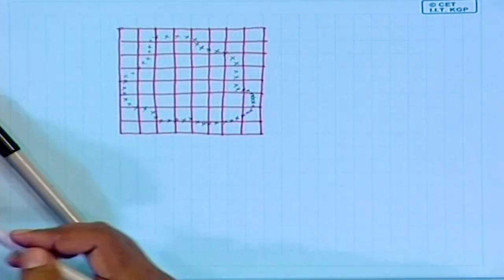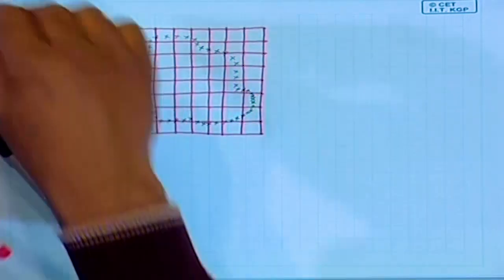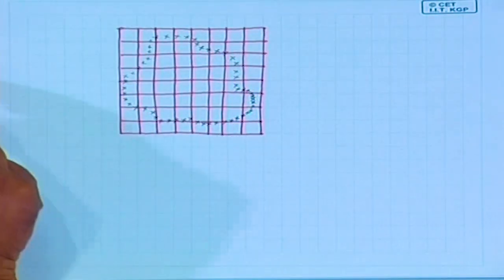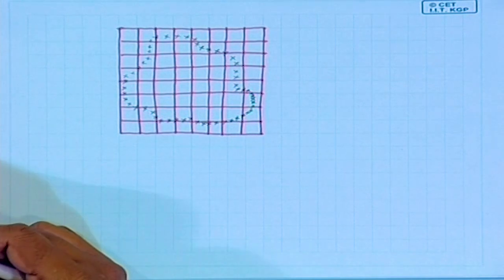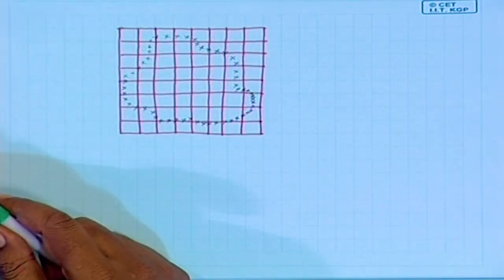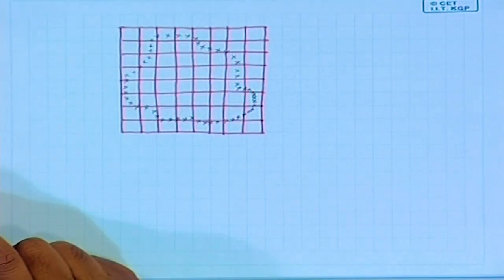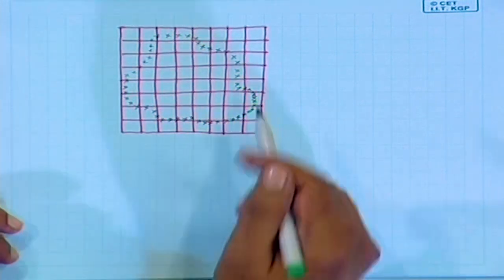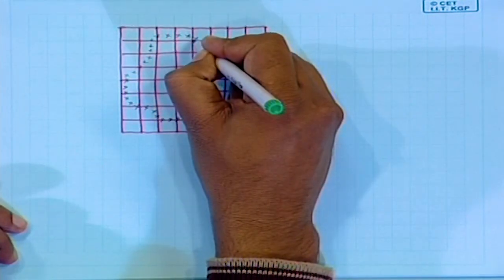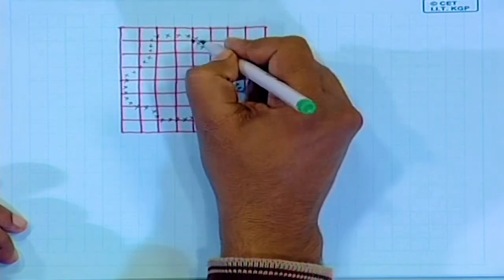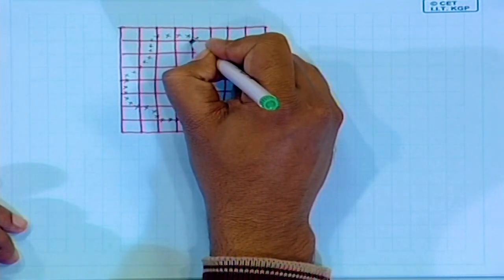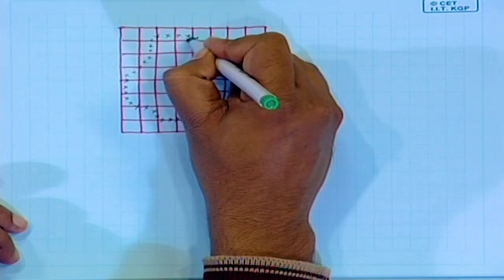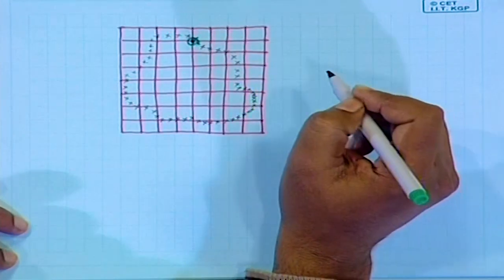Now, once I have this grid, these boundary pixels will be associated with one of the grid crossings of this larger spacing, whichever is nearest to it. If I do that, this point will be associated with this, this point will also be associated with this. So, the grid crossing that I will have is this one.